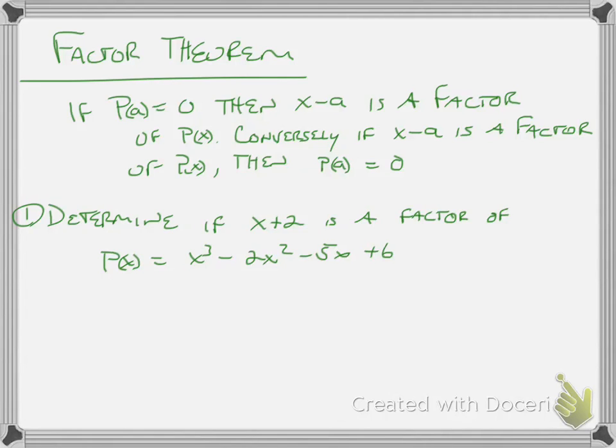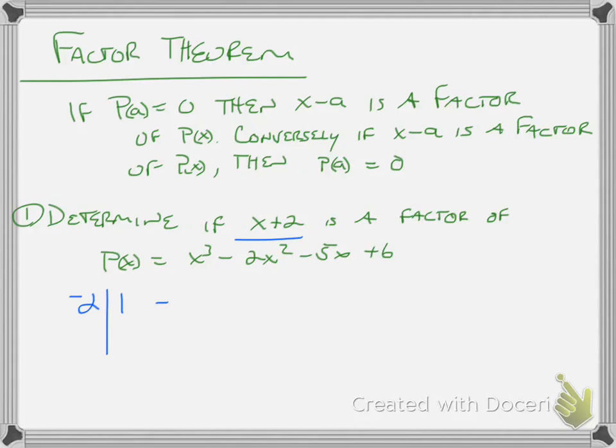We're going to use synthetic division, and what's going to go on my top left is negative 2 in this case, because I have to divide this polynomial p of x by x plus 2, which means I'm going to use negative 2 in that spot.